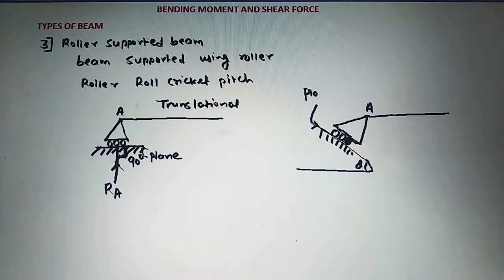So the reaction acting on this plane of roller support should always be perpendicular to the plane of the roller support. This reaction we will take as RA, and it is making an angle of 90 degrees with the plane of the roller support. So this is all about the roller supported beam.